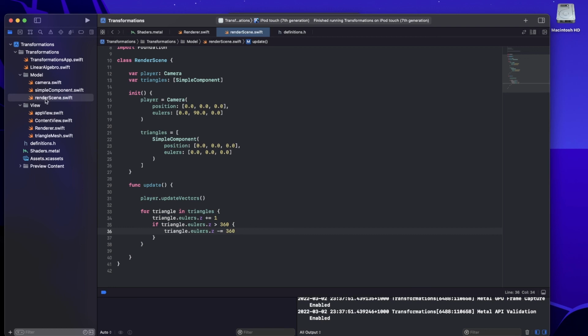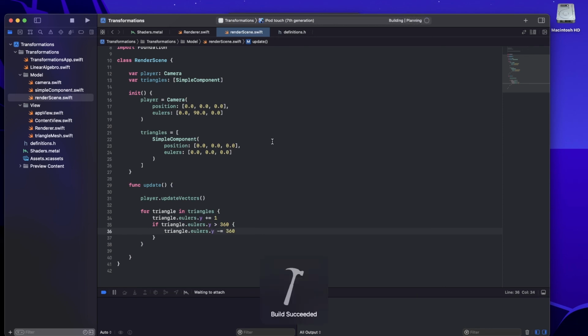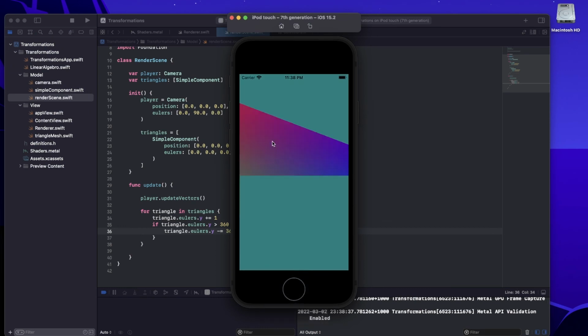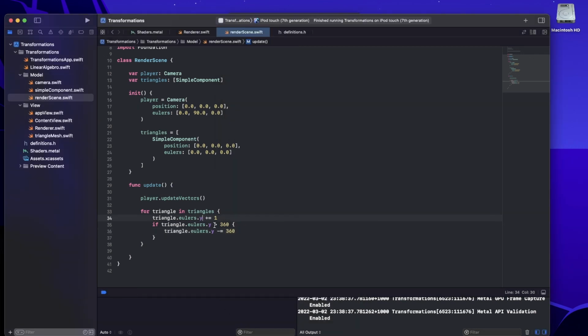There's a few things we can do to fix that. One thing we can do is maybe rotate around a different axis. So rotating around the Y, this should be spinning around the vertical. It's a little funky, but that's okay. See, it's still kind of messed up. What happens if we go around the X?